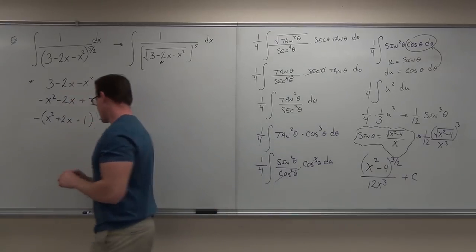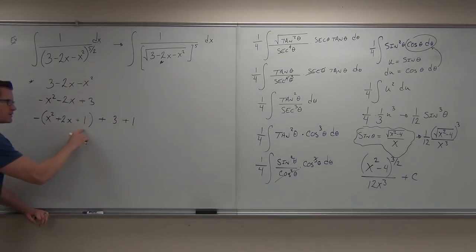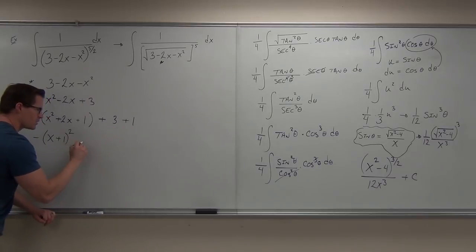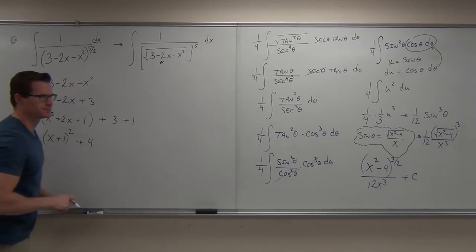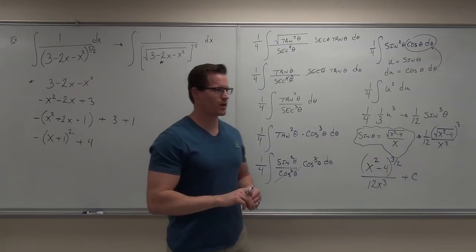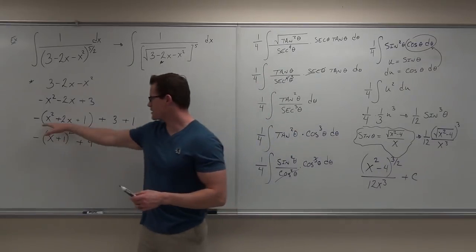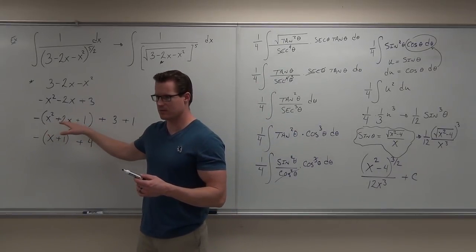What we've just done right here is we've completed the square. So this becomes negative x plus 1 squared. This becomes plus 4. You guys all right with that one? Completing the square, if you do this, you automatically have a perfect square trinomial.